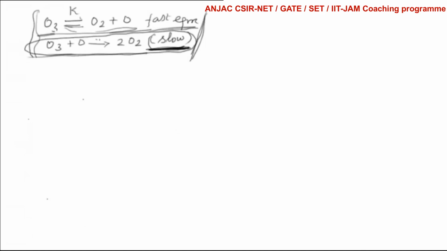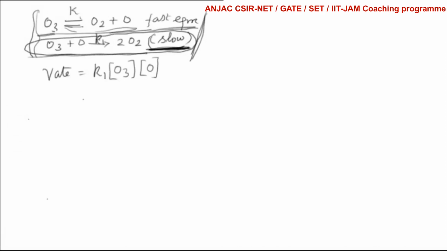Now let us take the slowest step. What is the rate of this reaction? The rate of the reaction is equal to the rate constant K1 times the concentration of O3 times the concentration of O, the intermediate. I have already told you that the rate law equation should consist of the reaction constituents.